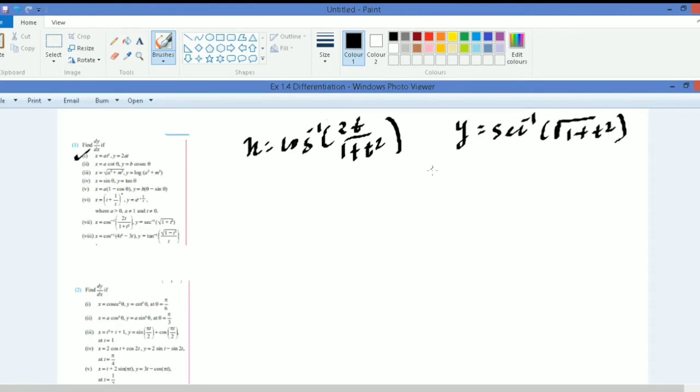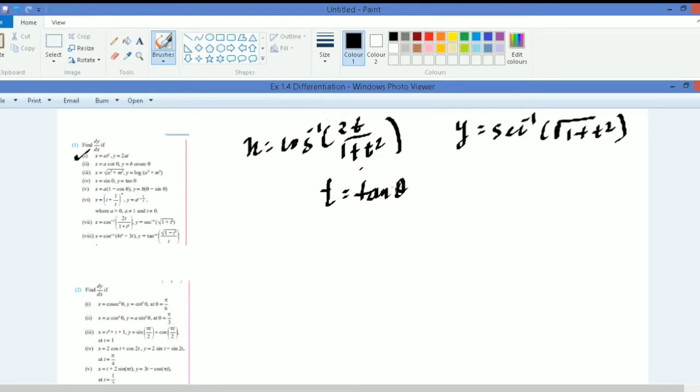Now this is a slightly complicated question in the parametric form. Here it is of the form 2t upon 1 plus t square, and here it is of the form 1 plus t square. So I'll have to substitute something. Suppose I take t is equal to tan theta.